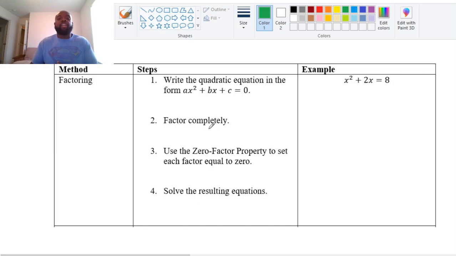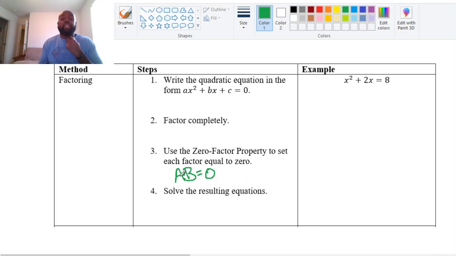Once we factor the polynomial completely, we're going to use the zero factor property to set each factor equal to 0, right? I'm going to use capital A and B. If I have A times B equals 0, then, actually, this is not the multiplicative identity.